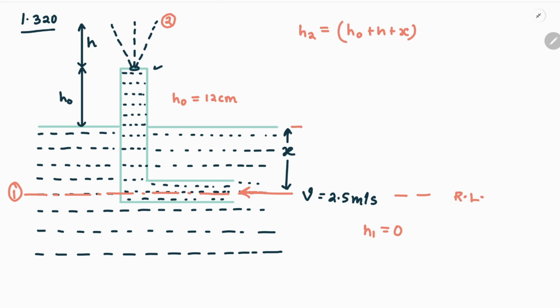We are applying Bernoulli's equation between these 2 points. An important point to note over here is that pressure at 2 is equal to atmospheric pressure, which is equal to P0.